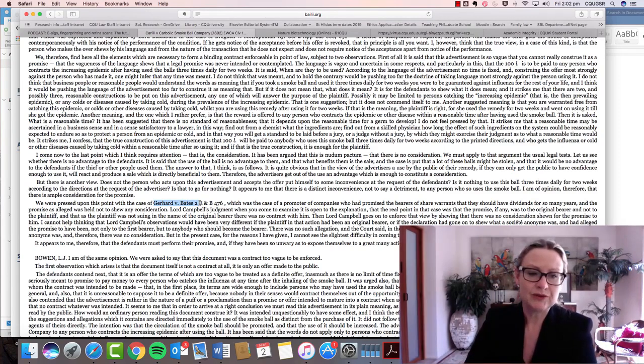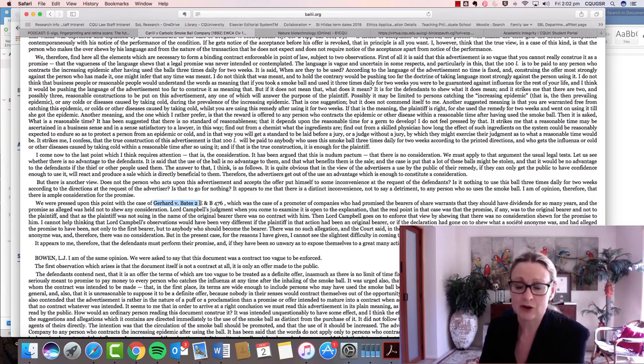The way to do a fancy footstep around an inconvenient case is to distinguish it. And there are a number of different ways that Graw tells you that you can distinguish a case. And here they distinguish Gerhard and Bates, which seems to have also been a case of not reward, but an offer. They distinguish it on the basis of what we call privity, and we'll be discussing privity at the very back end of Contract A.